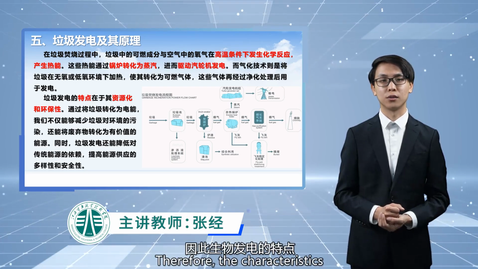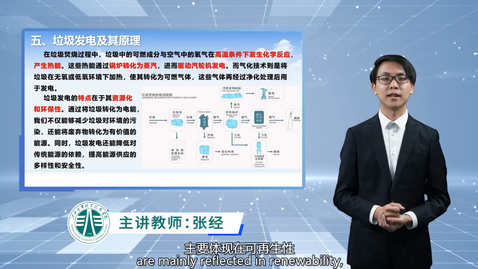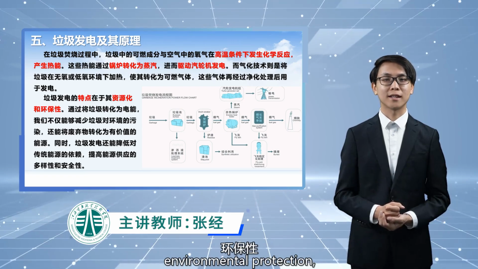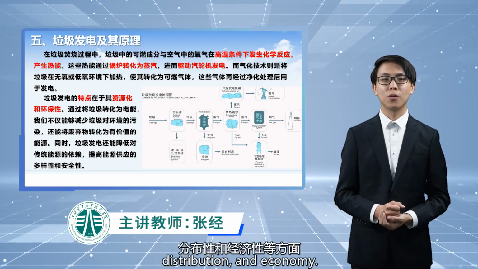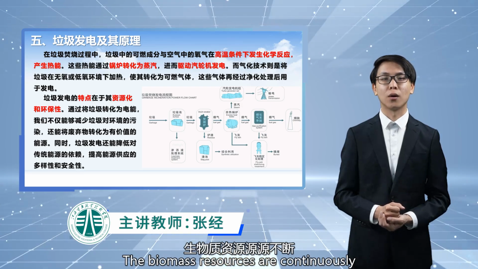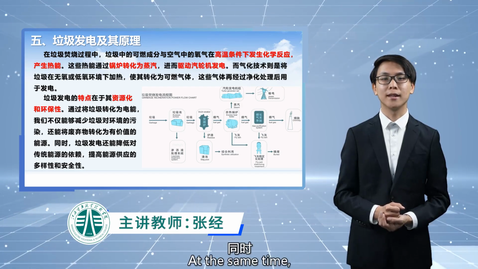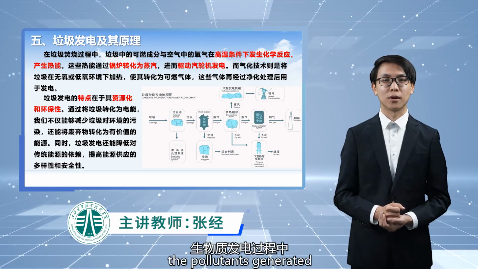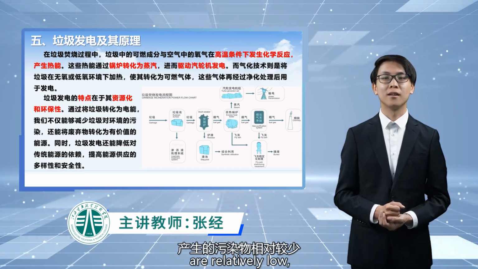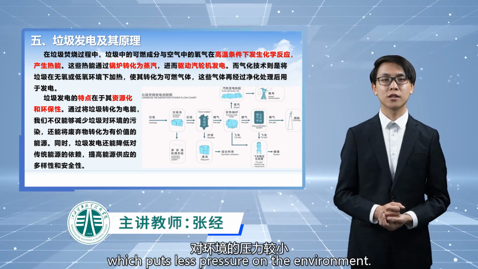Therefore, the characteristics of biomass power generation are mainly reflected in renewability, environmental protection, distribution, and economy. Biomass resources are continuously and sustainably utilized. At the same time, the pollutants generated during biomass power generation are relatively low, which puts less pressure on the environment.